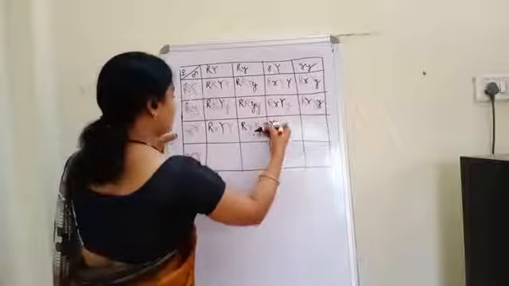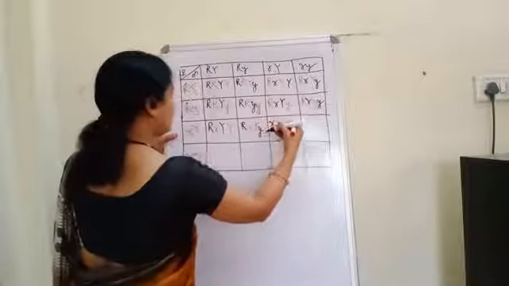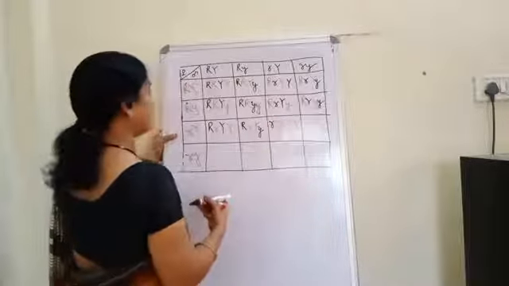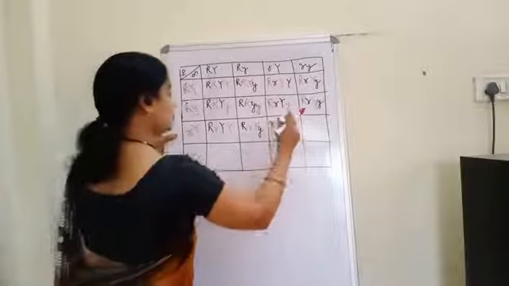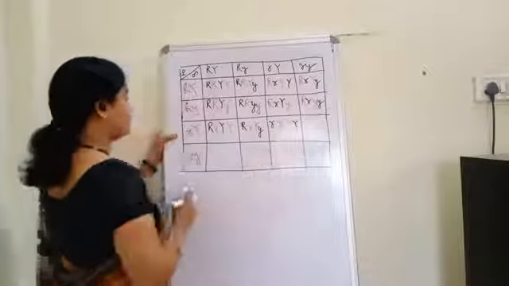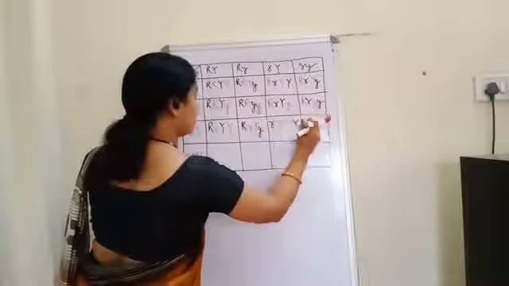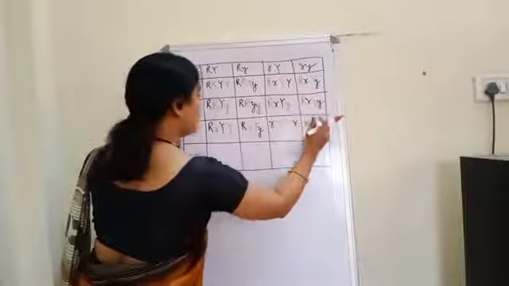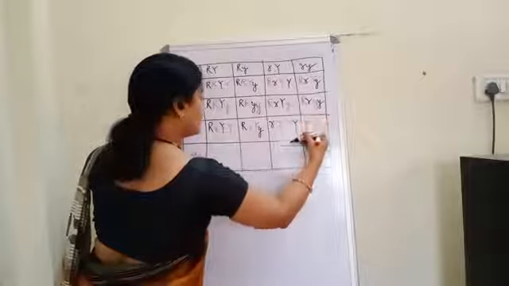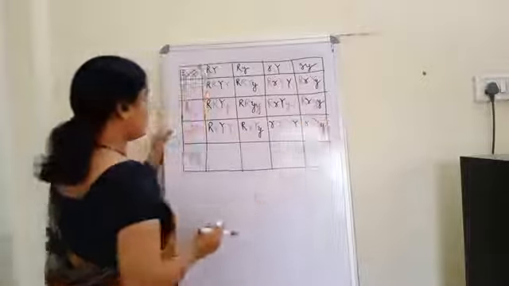Small, capital and capital. One should be with black to avoid the confusion only. Okay. Now small, again small, and capital and small.